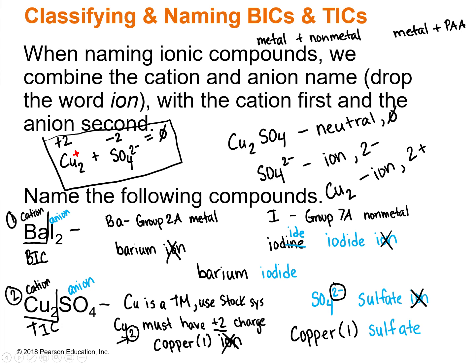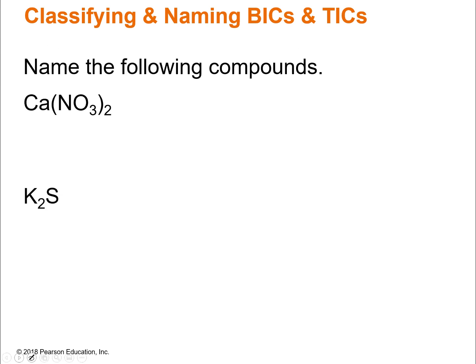But we had to figure out what charge the copper was because copper can have multiple charges. So I've got a couple that I want you to try. Classify and then try to name these 2 compounds. I will give you 2 minutes and then I'll check in.